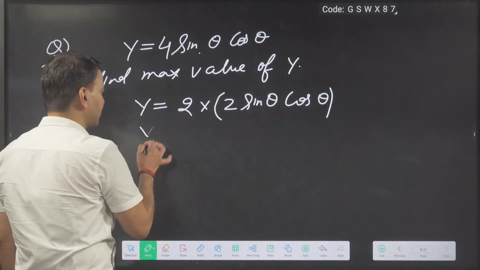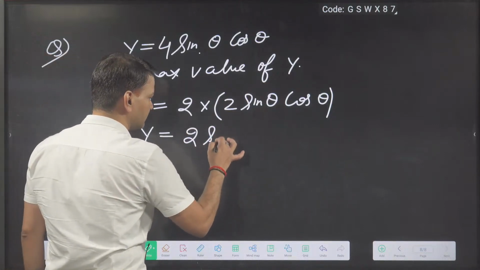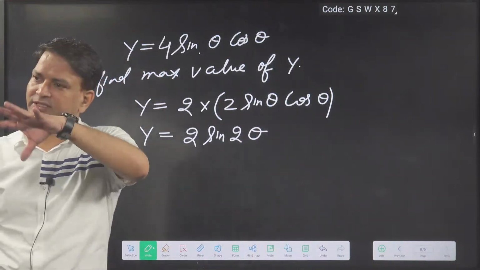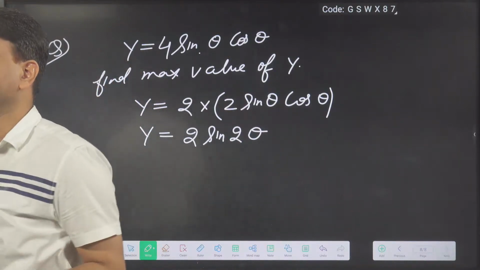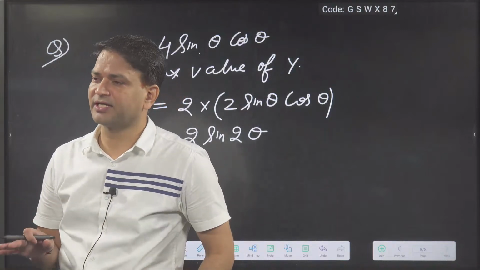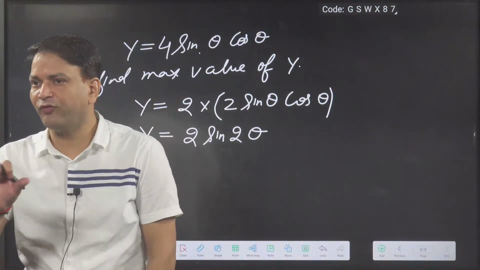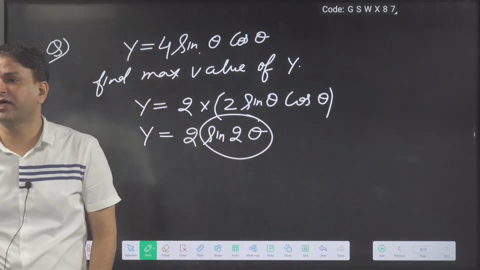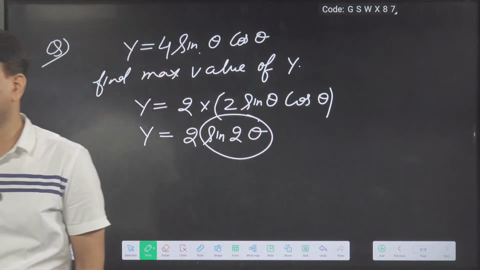Then y is 2 sine 2 theta. Now earlier you had sine theta cos theta together. Now you have sine of an angle, like sine alpha, sine beta, sine delta, sine 2 theta. If it is the sine of any angle like this, what is the maximum value of this? 1. Directly I can say now.